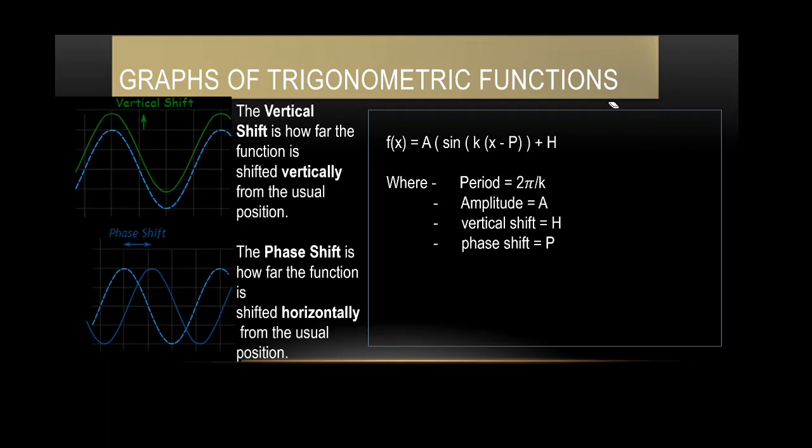If p is negative, remember it becomes k into x minus p, which is k into x plus p, then it shifts to the left. And if p is positive, it becomes k into x minus p, so it shifts to the right.